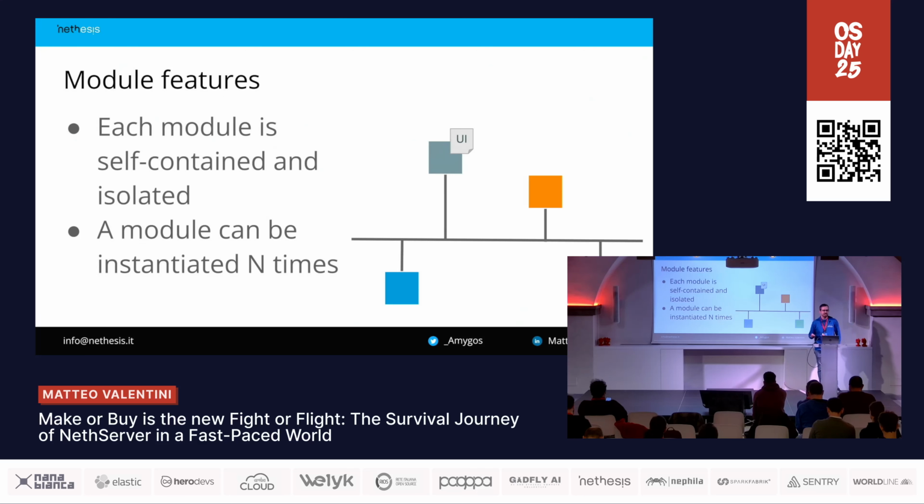It's isolated because every module is a separate Unix user. And because it's self-contained and isolated, you can instantiate the module multiple times. So you can have multiple instances of the NethCloud module in the same node, and each instance can be configured with a separate host name.